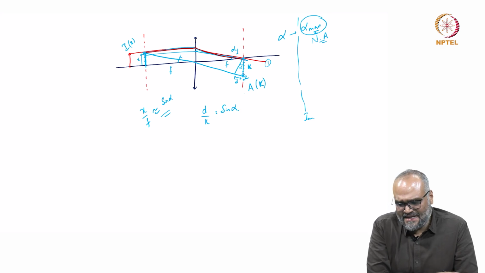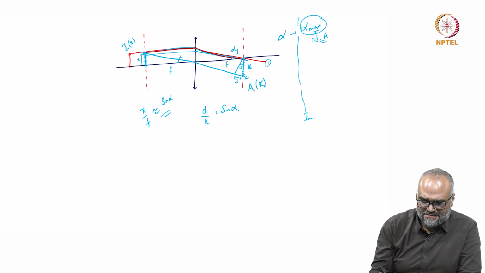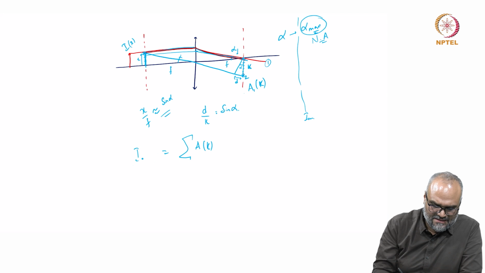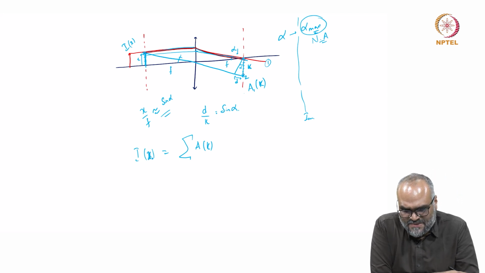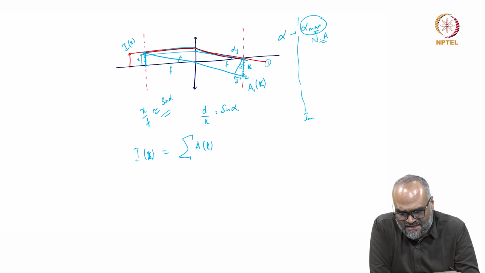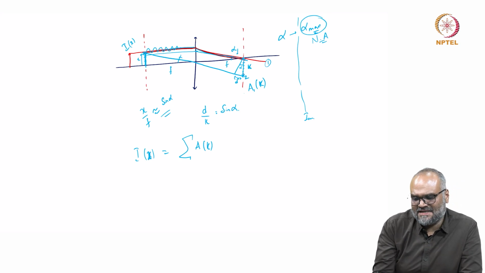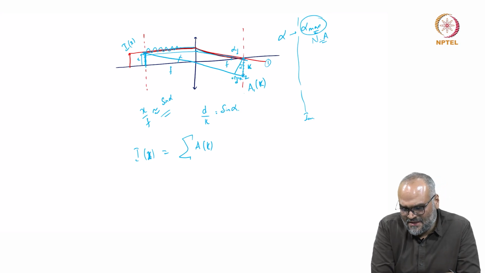So I can essentially relate all these a k's at the back focal plane, and if I sum all of them up, I should also get the intensity in the real space or intensity in the object plane as well. And if you look at it, these are sinusoidal waves which are propagating, and there is an extra path length that is traveled here.